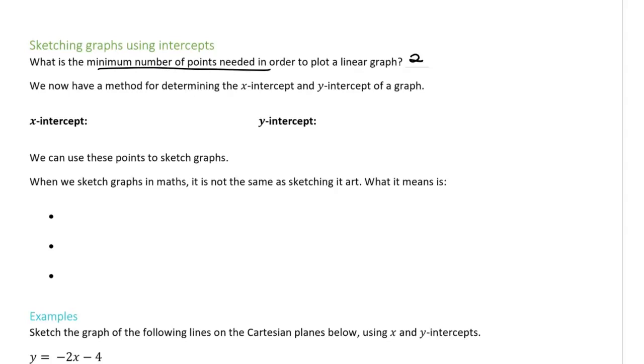If you just have 1, you don't know where you're drawing your line, but with 2 points, you can draw a line between them. So, for the x-intercept, we subbed in y equals 0. The strategy we use for the y-intercept is we're going to sub in x equals 0. And we'll talk about a shortcut for some styles of equation rules later on.